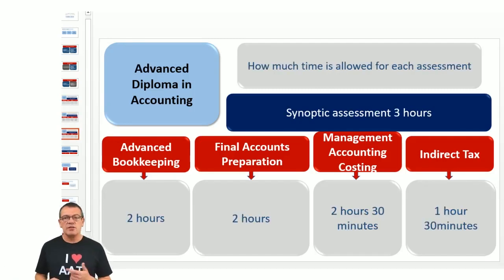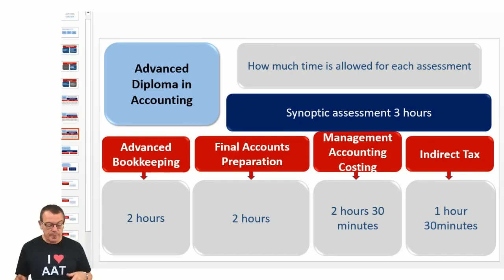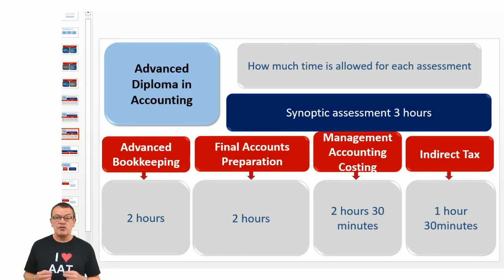Now, I'd also like to look at the time allocation, which I touched on earlier, really. The synoptic assessment, well, we've got 3 hours to do this. Okay, so that's longer than the other units. And when you think about it, you've got more to do. You've got the ethics, and you've got your spreadsheets, and you're bringing in other units. So this is a 3-hour examination. All the other units, or the financial accounting units, are 2 hours.